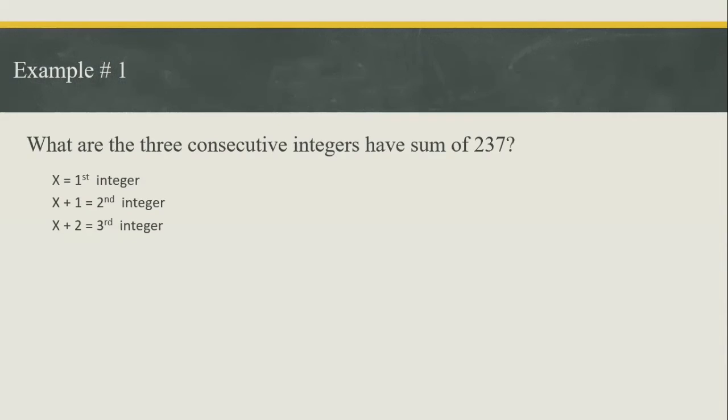So to get the value of x, our equation will be x plus x plus 1 plus x plus 2 equals 237. We combine like terms. So x plus x plus x is 3x, and 1 plus 2 equals 3.